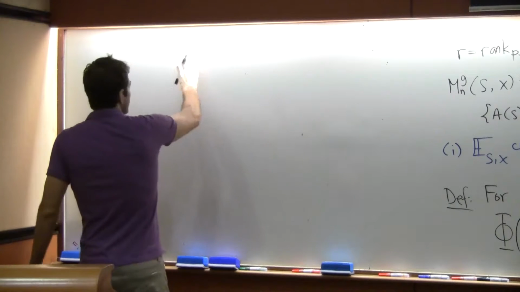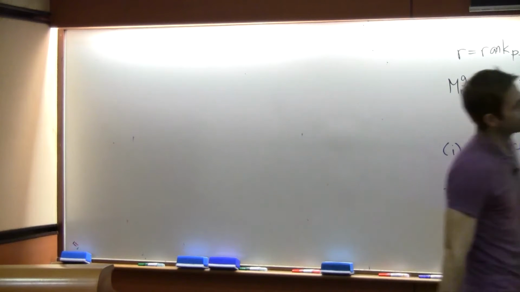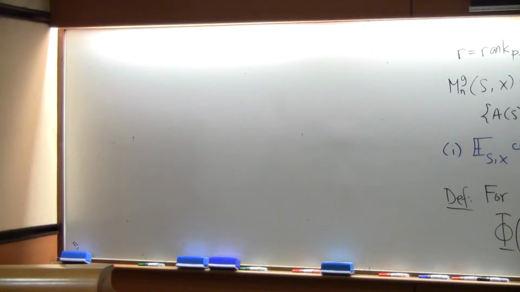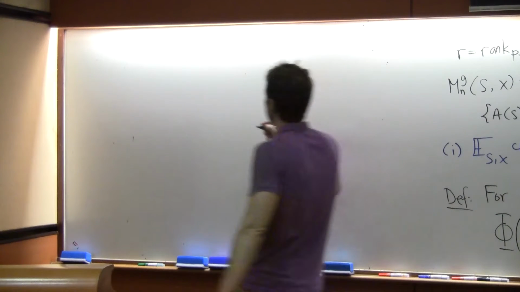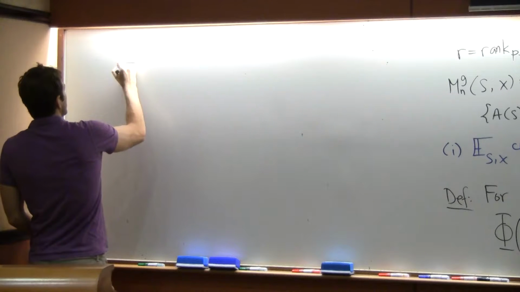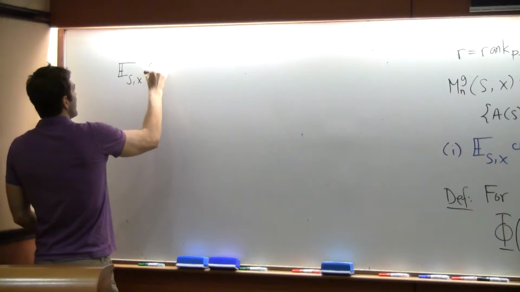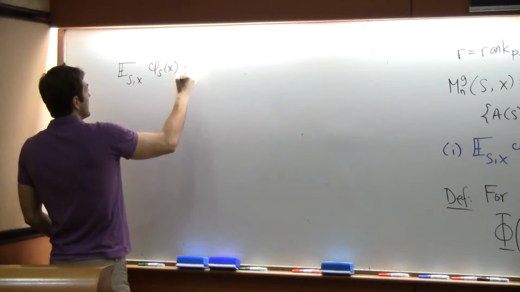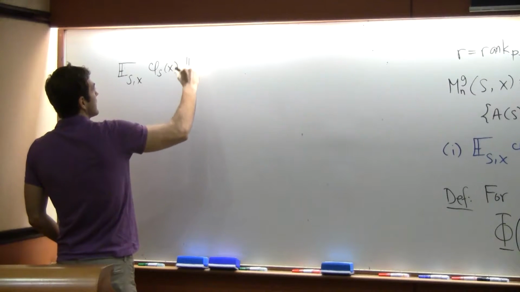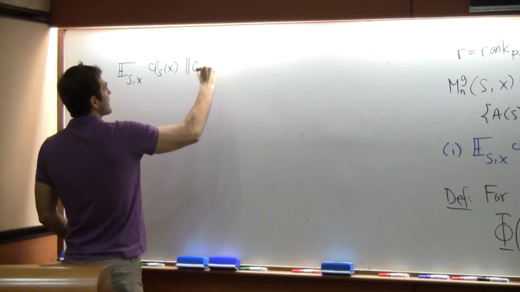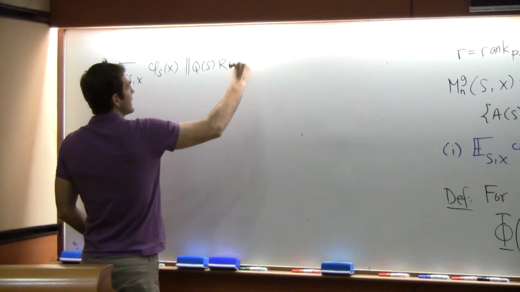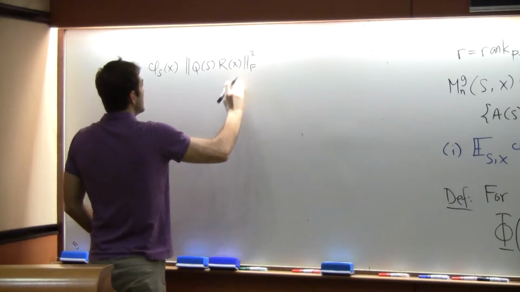The basic idea is something like this. We have phi s x, and then here we have Qs, we have Rx, and the Frobenius norm squared.